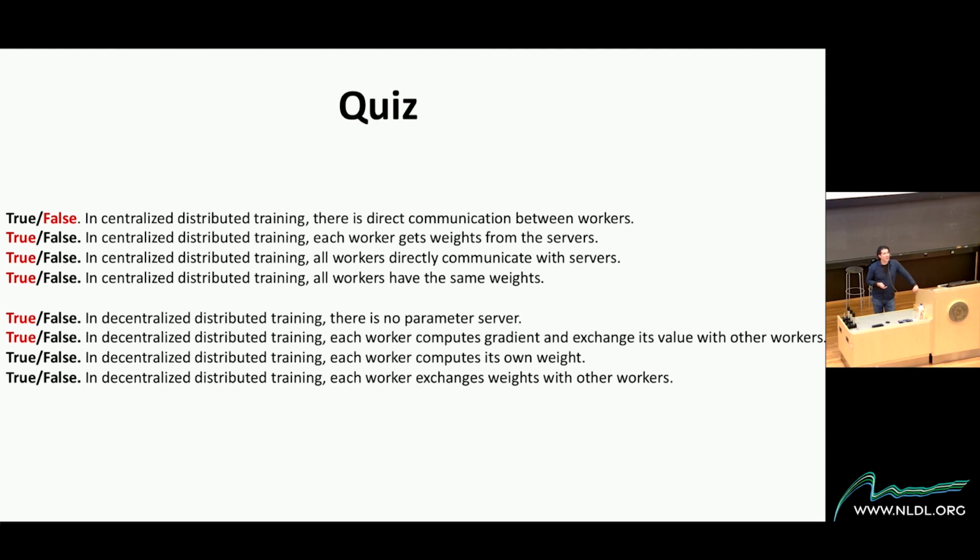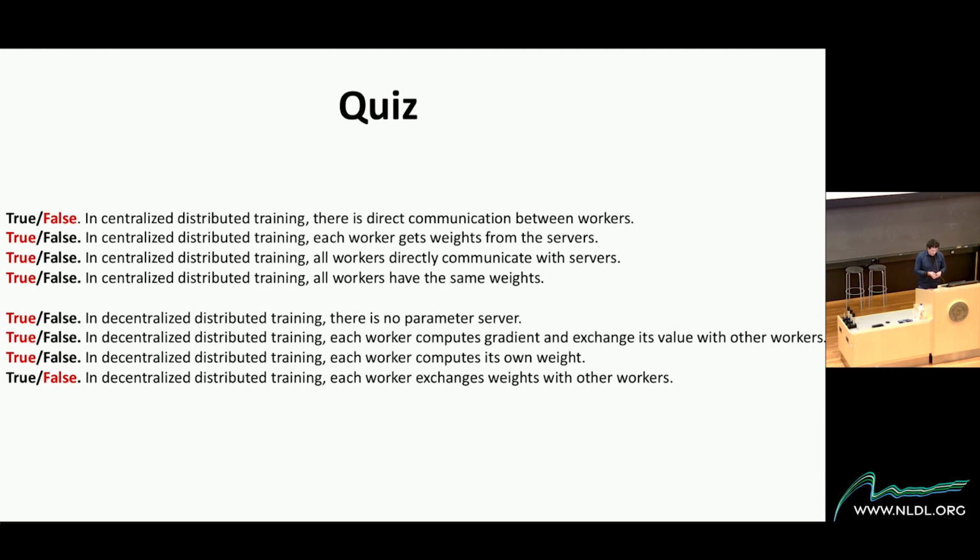Each worker computes its own weights. That's true also. Each worker exchanges weights with other workers. That's false. Okay, so I think you are doing well. This part went really well.